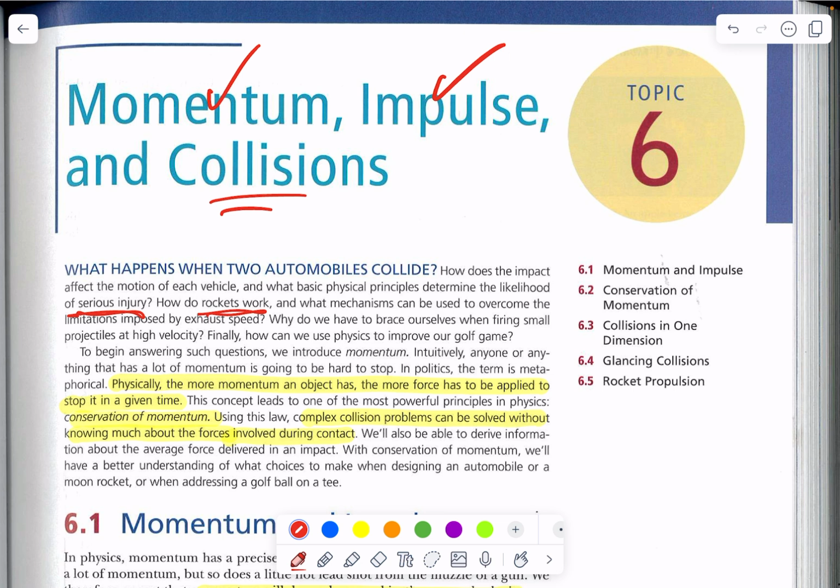A couple things here in the yellow print. The more momentum an object has, I'm reading right here, the more force has to be applied to stop it in a given time. And that should be kind of intuitive. Your textbook uses this term metaphorical.